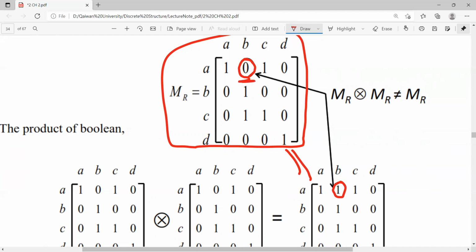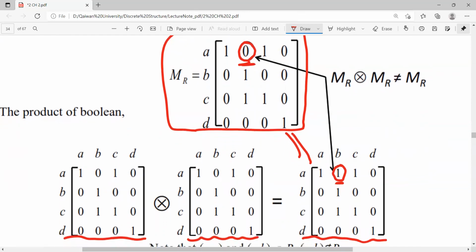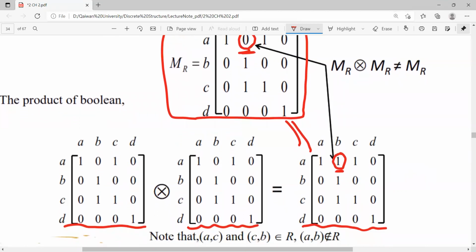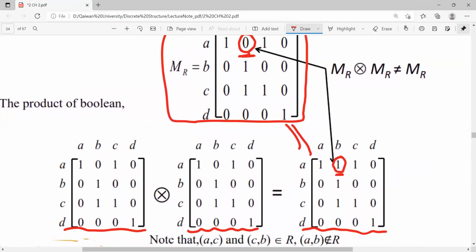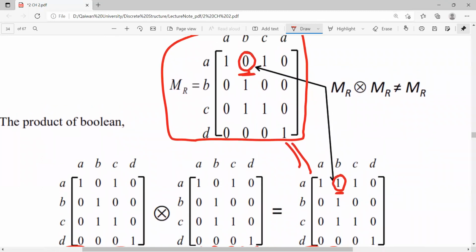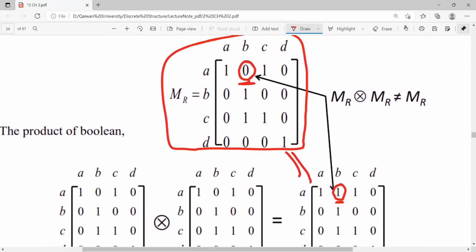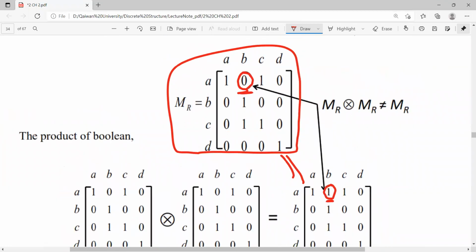Here, this element doesn't equal this one, so these two matrices are not equal. That means the Boolean product of the matrix with itself doesn't equal the matrix itself. So the relation is not transitive.